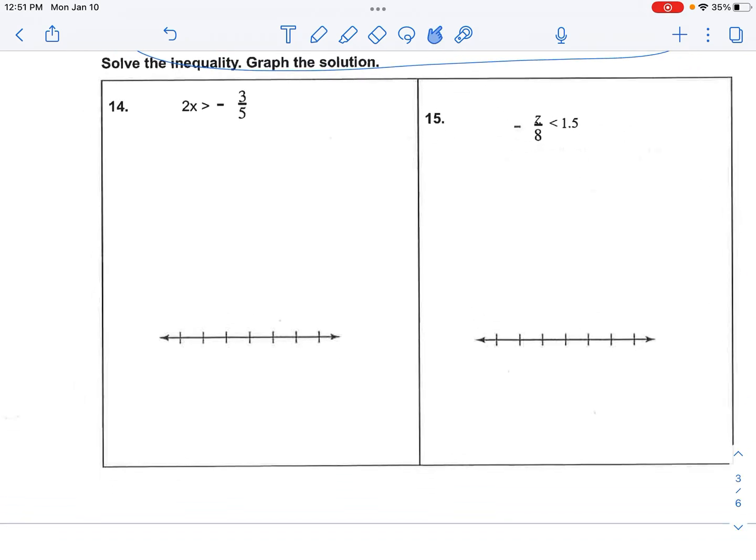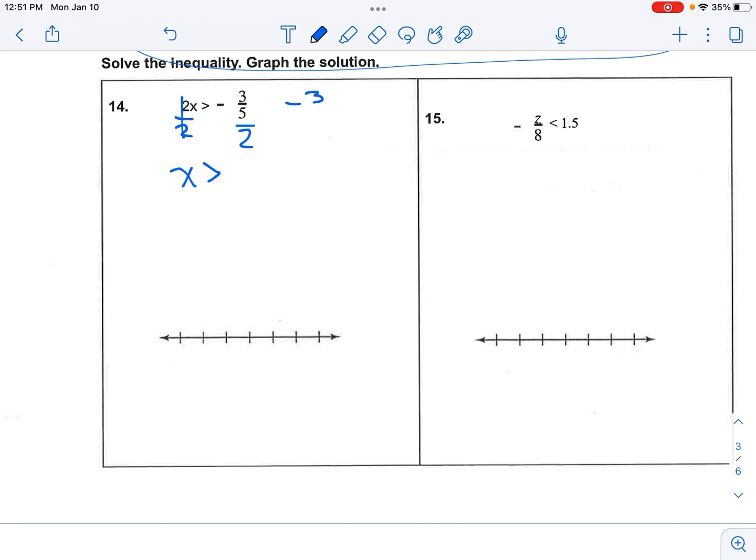Solve the inequality and graph the solution. All right, so 2x is greater than negative 3/5. I am going to divide by 2 on the left and divide by 2 on the right, so my 2's are going to cancel. I have x is greater than what?